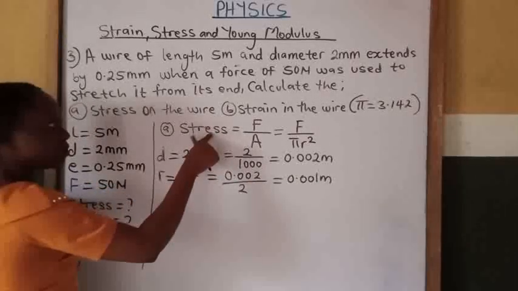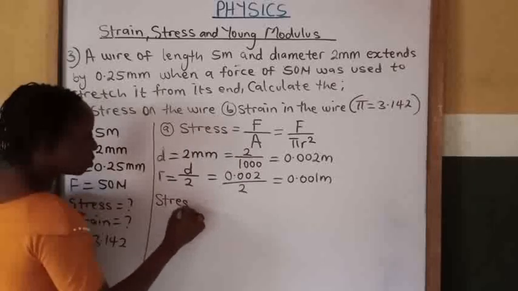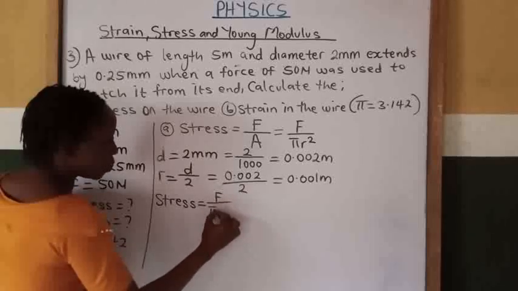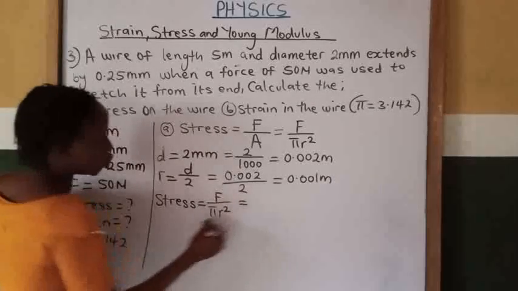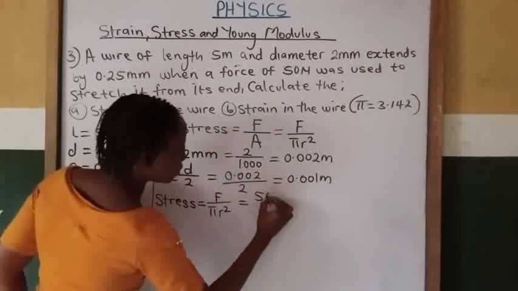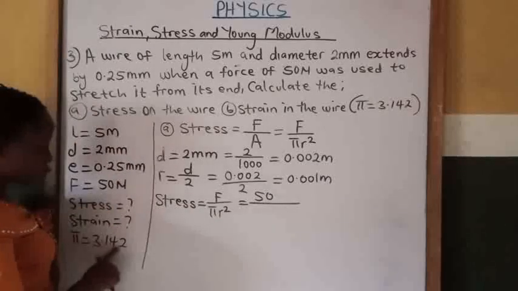So from there now we can calculate stress. Stress equal to force divided by pi r squared. So F equal to 50 Newton, that is 50 divided by pi, equal to 3.142.